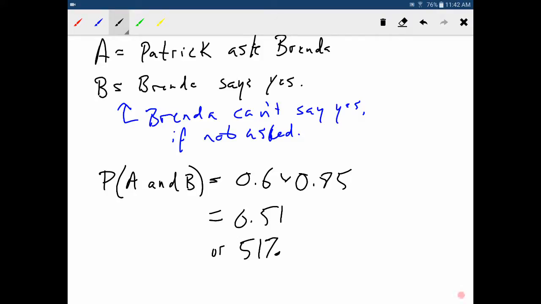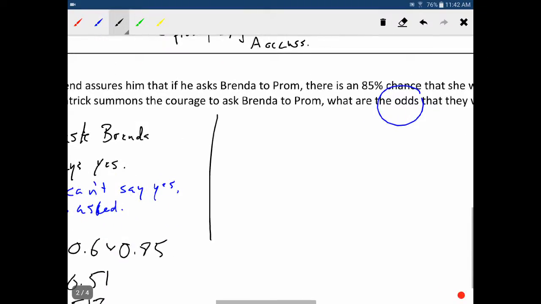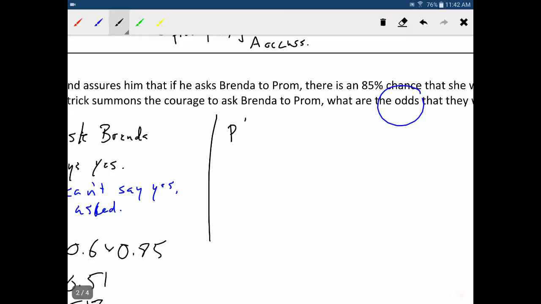Let's quickly look at this, because of course, to succeed in this, we really only need Brenda to say yes. In this question, if I wanted to find the probability that Patrick doesn't ask Brenda and Brenda says yes, you'd have a 0.4 chance that Patrick won't ask.